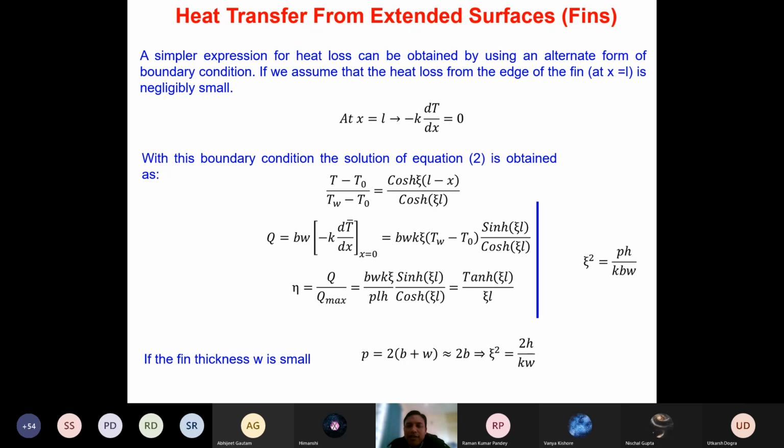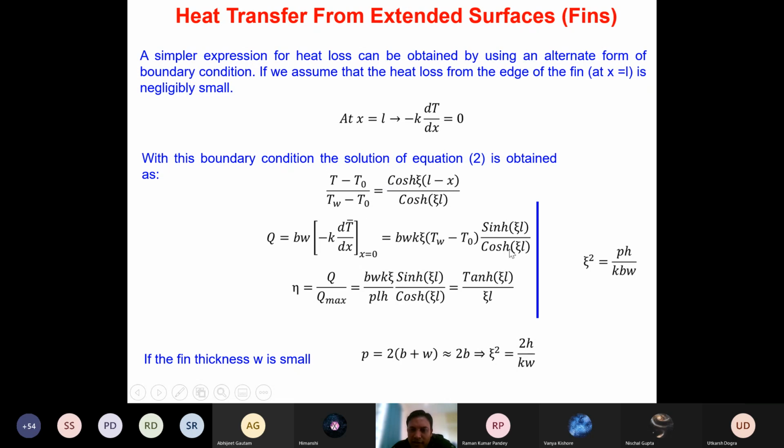Now again, let's calculate the efficiency. What will be the theoretical heat transfer? Total heat transfer will be B W times minus K dT by dx, again at x equals 0. So from this equation itself we get B W K zeta (TW minus T naught) sinh zeta L by cosh zeta L, because we can differentiate this equation with respect to x and put it in this equation.